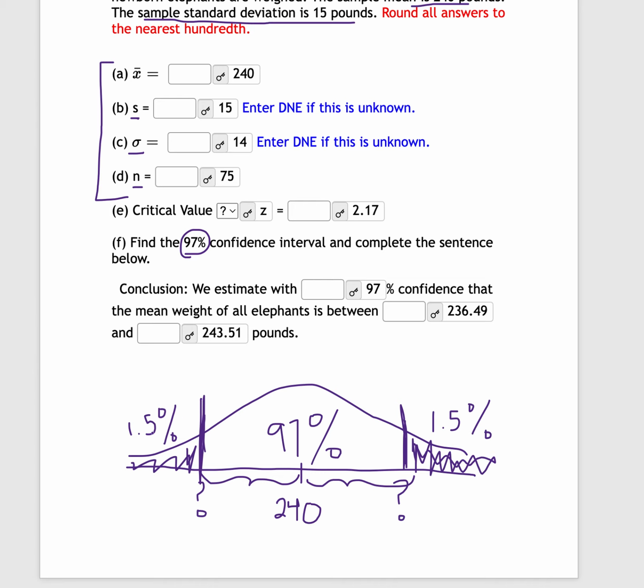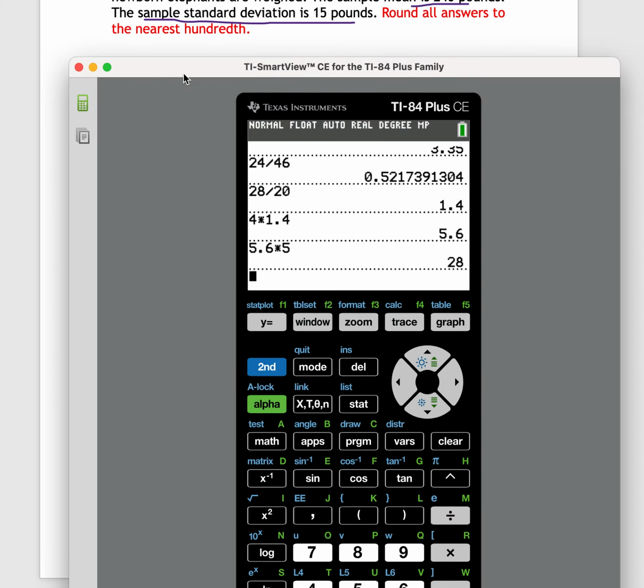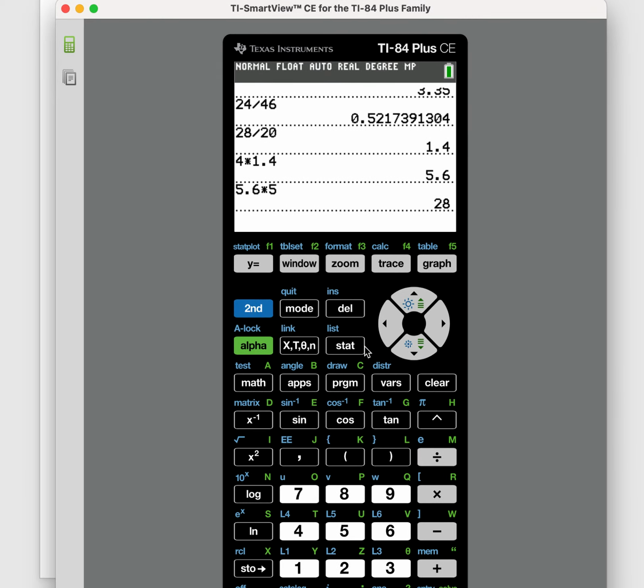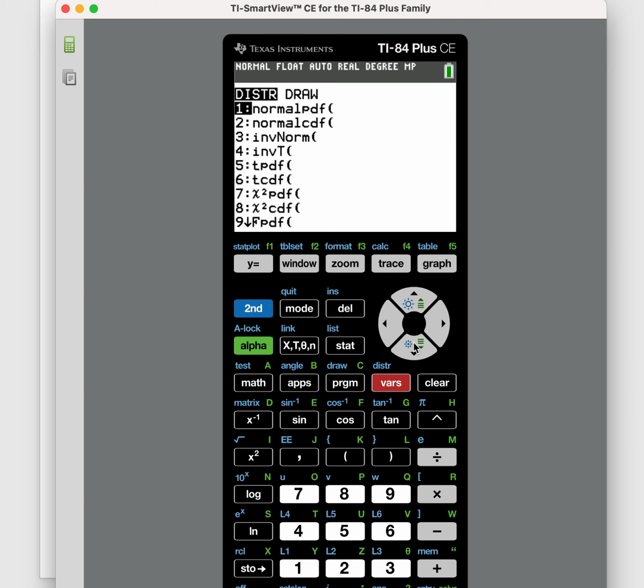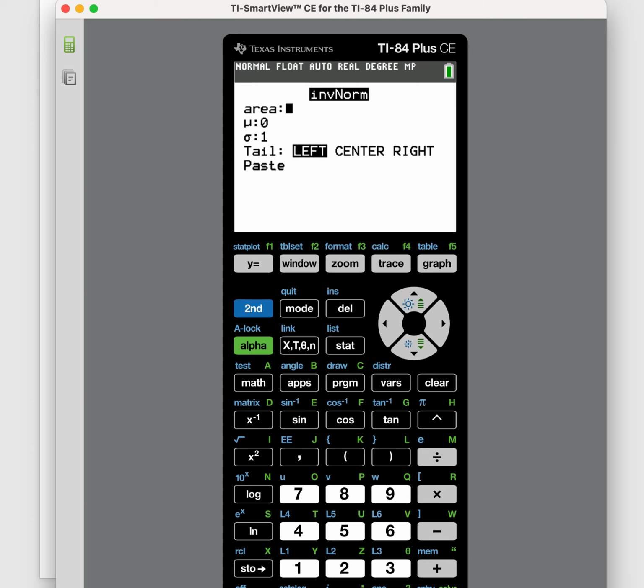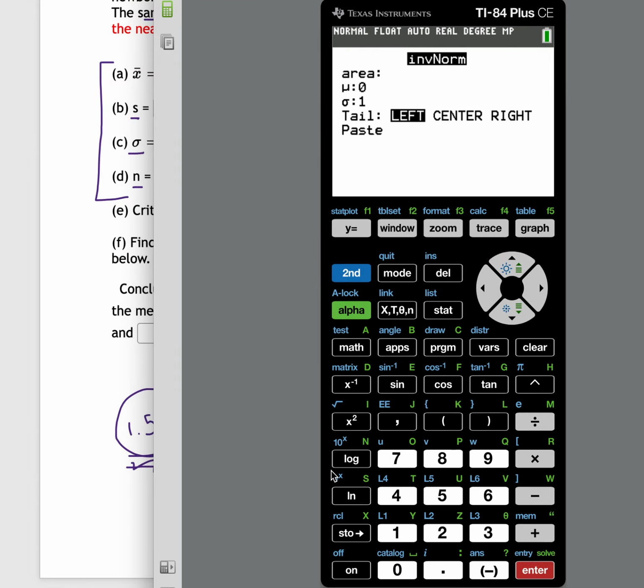So I'm going to use inverse norm, and I'm going to use the percentage 1.5. I'm going to do inverse norm. I'm going to put in 0.015.